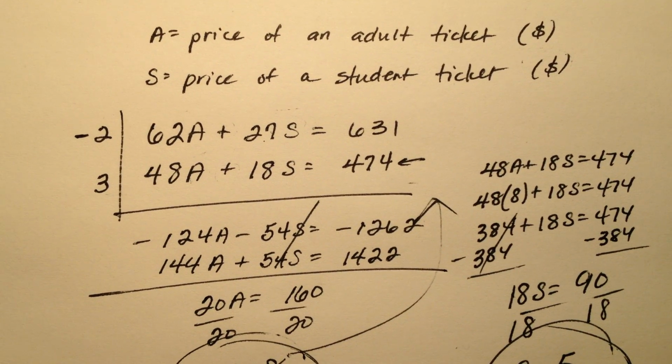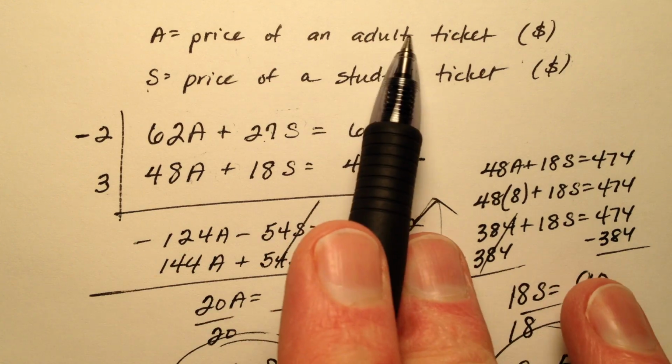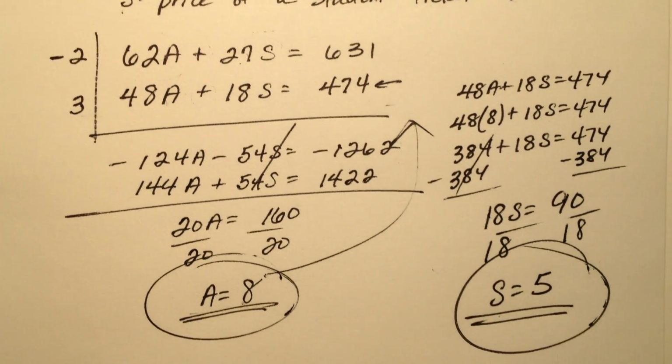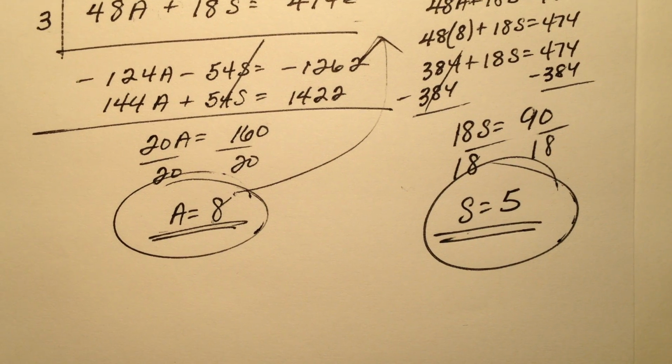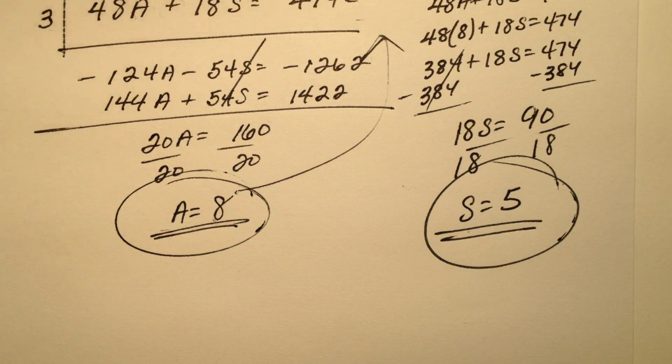So based on my variable definitions, A and S were the prices for the tickets of adults and students respectively, and it's measured in dollars. So now that I know the values for A and S, I can go ahead and write my sentences.